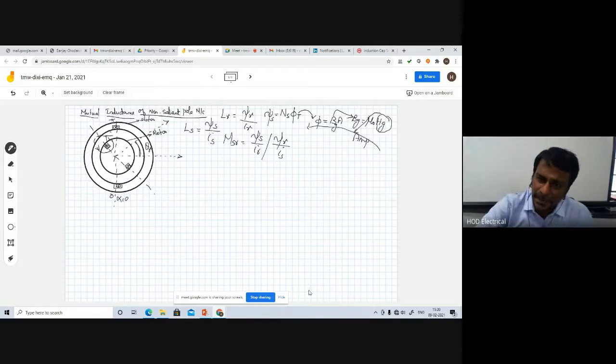This is the air gap length. I have already explained this. The air gap length is Lg, and the returning path is also Lg. How will we write Ampere's circuit law? The line integral of H vector dot dl is equal to the number of turns in the rotor times the current flowing through the rotor.